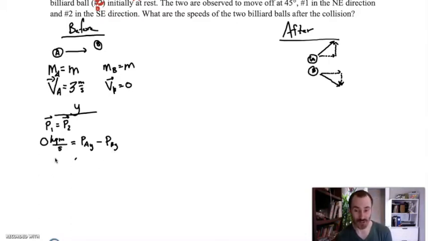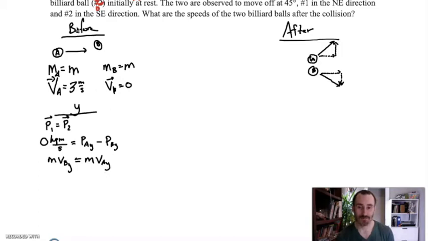Okay, so then we can just go like this. M, so total mass, or the mass of each of them, the mass times the velocity of ball B in the y direction is equal to the mass times the velocity of ball A in the y direction.